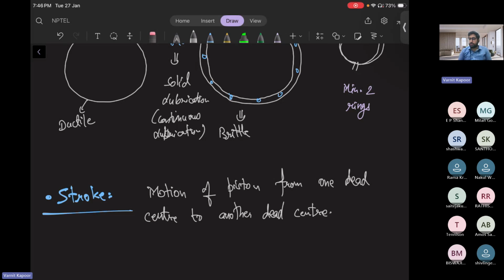Now a question should be asked: why are we calling it a dead center? This should have been your doubt. Can anyone tell me why we call it a dead center? Why not say top center and bottom center?